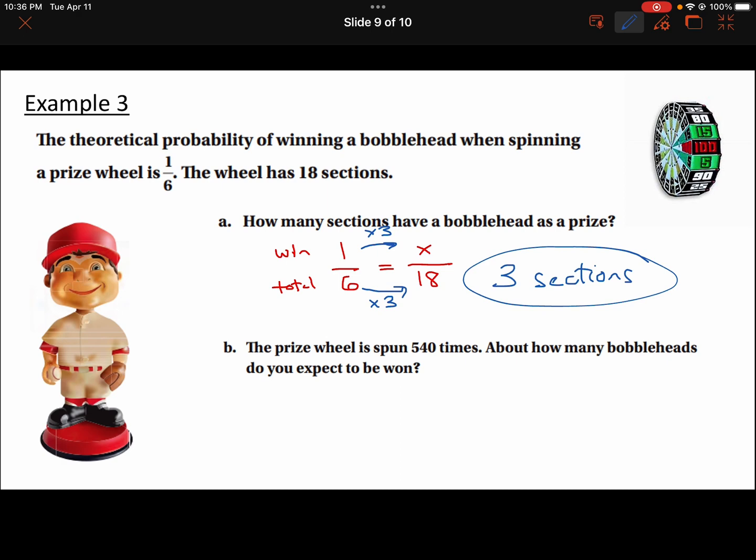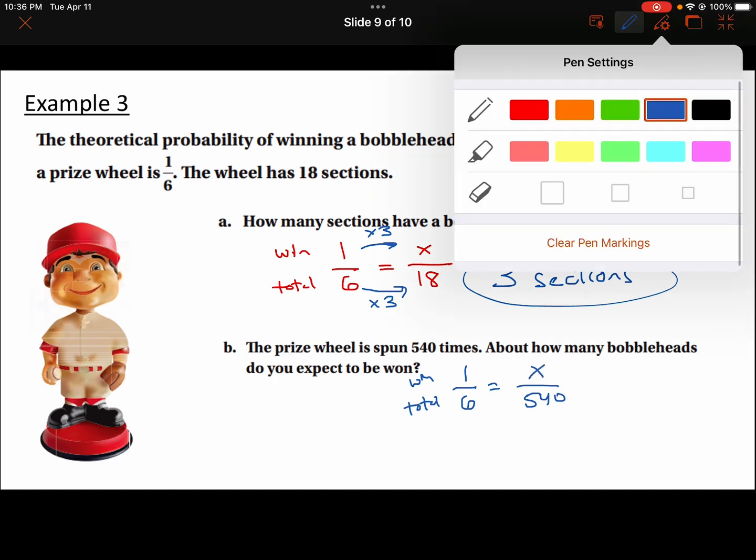All right. If we spun the wheel 540 times, how many bobbleheads should we expect to win? Well, if you're going to win 1 out of every 6 spins, that's what that means. So once again, this is the wins over the total. If you were to spin it 540 times, how many times would we expect to win?